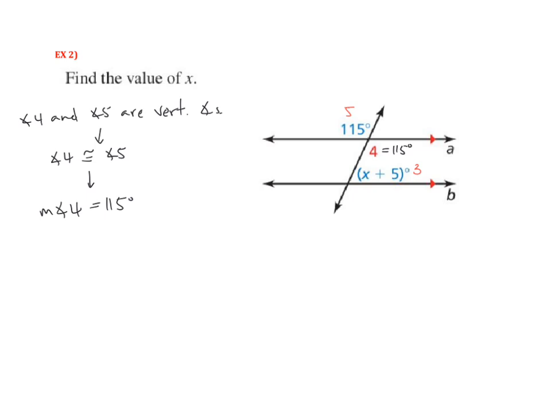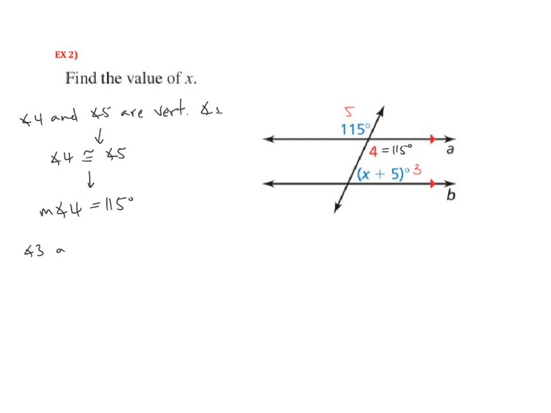Now I have to think about the relationship between angle 3 and angle 4. They're both on the interior of my parallel lines, and they are on the same side of the transversal. This makes angle 3 and angle 4 consecutive interior angles. So let's make a note of that.